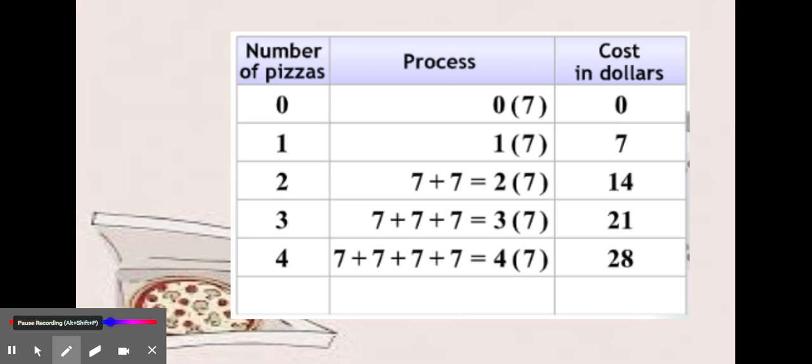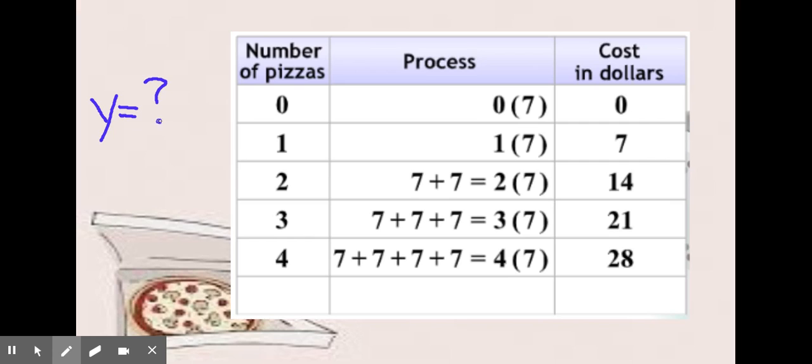And we're now ready to try to figure out, how do I turn all this into y equals kx, y equals something x? Well, my pizzas are my x-axis, and then money is almost always the y. So the cost is my y-axis.